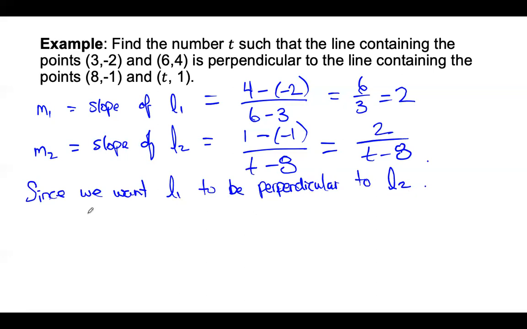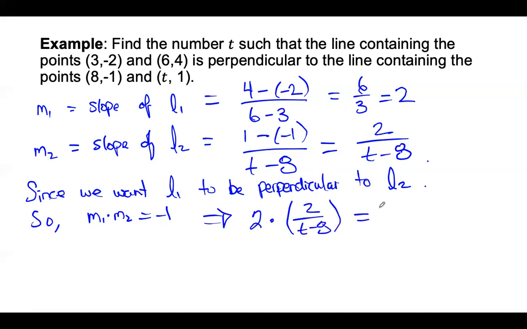Therefore, we know M1 times M2 is equal to -1 by definition. So what does this imply? This implies 2 times 2 over t minus 8 is equal to -1. Now we have to solve this.